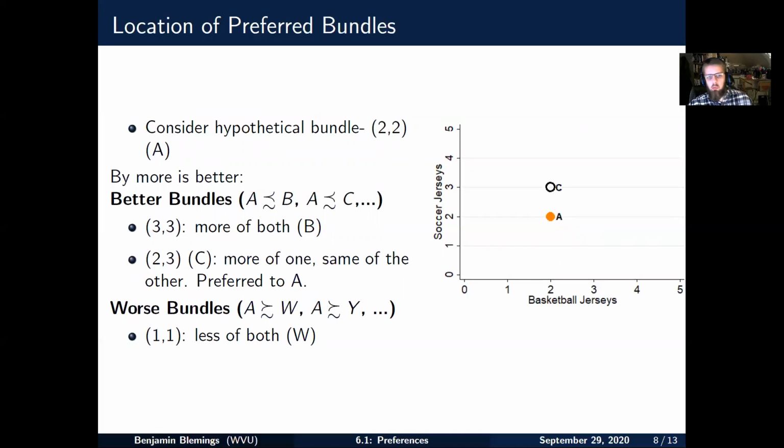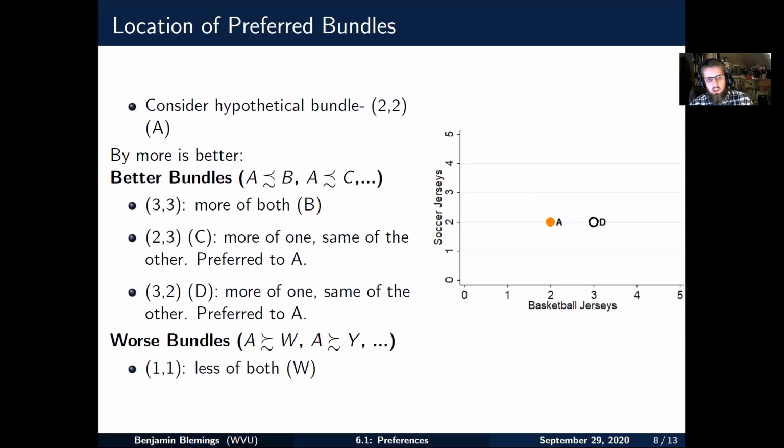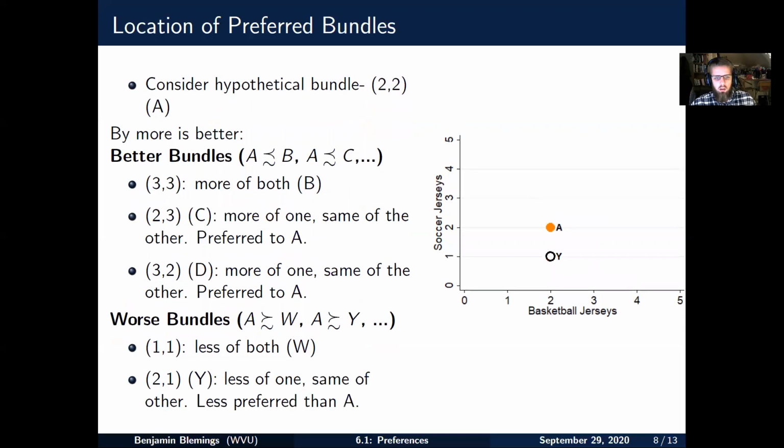At point C here, we have more of one and the same of the other. So we know that point C would also be preferred, or at least weakly preferred, to point A, because there are more soccer jerseys at point C than at point A. At point D, you have more basketball jerseys and the same amount of soccer jerseys, and so you're better off at point D as well than at point A. Now let's consider point Y, where you have 1 less soccer jersey and the same amount of basketball jerseys.